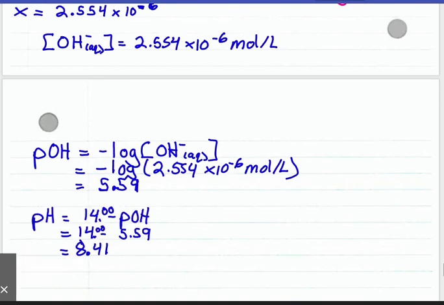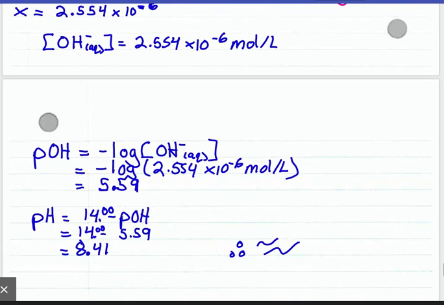So that's an easy calculation because your pH is 14.00 minus pOH. So we put that pOH of 5.59 in, and we get 8.41. Okay, so then if you want strong communication, you're going to write your nice therefore statement to finish off this problem. Okay, so hit pause and copy.